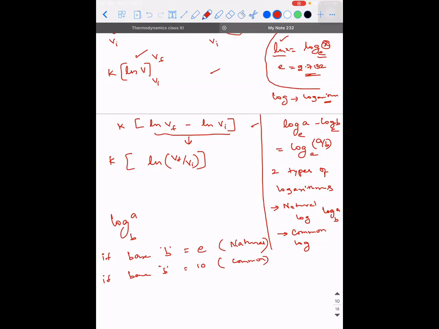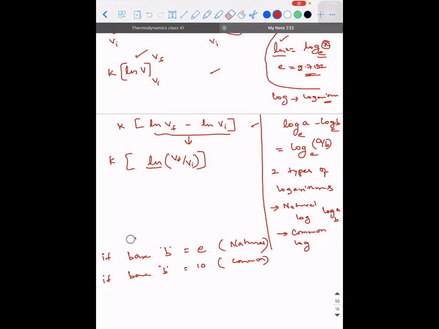So tell me here, ln means log base of what? Guys, are you able to understand?